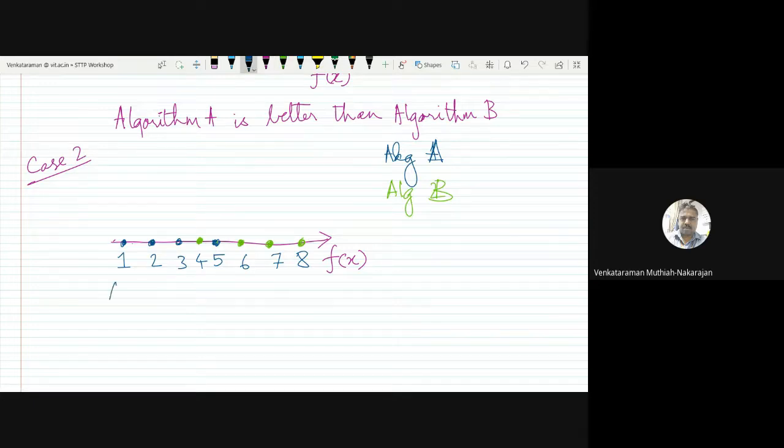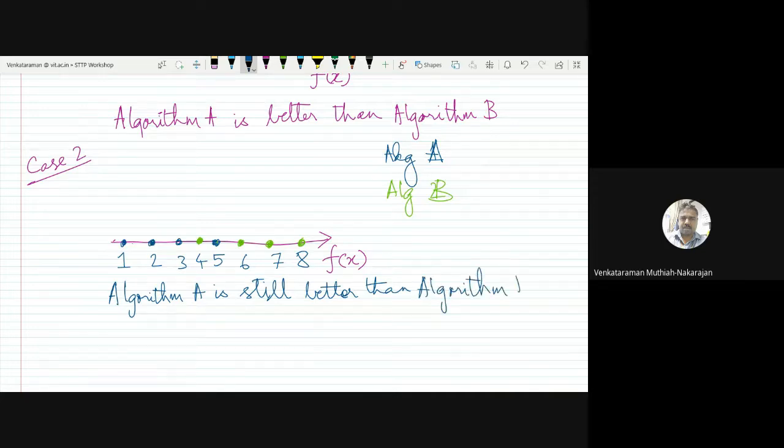So algorithm A is still better than algorithm B, but with less confidence.